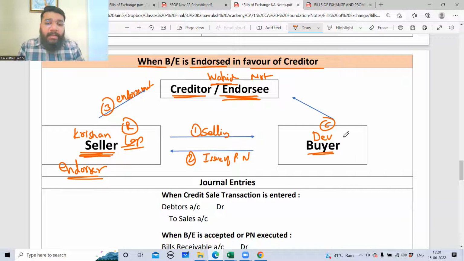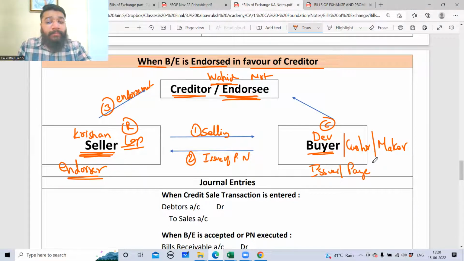Now in this case, guys, buyer is called as customer. This fellow is also a maker. He is also a issuer. He is also a payer. For buyer, one more person we missed. He is a debtor.